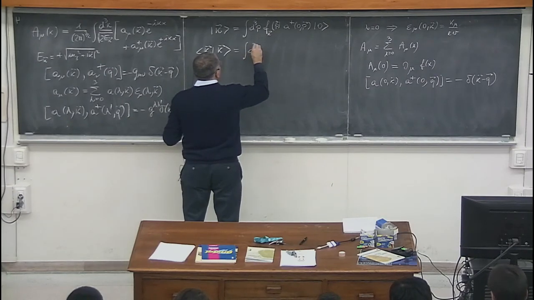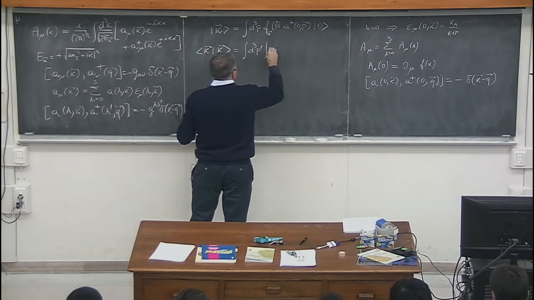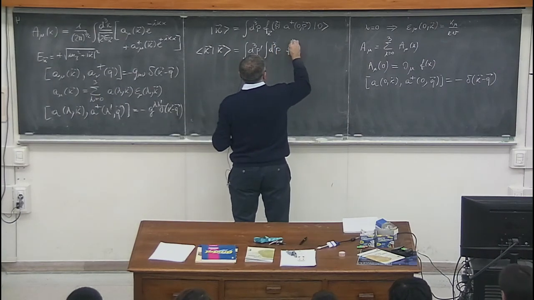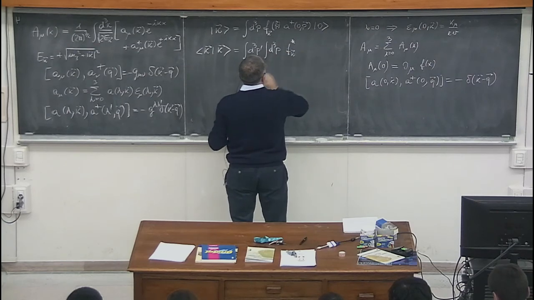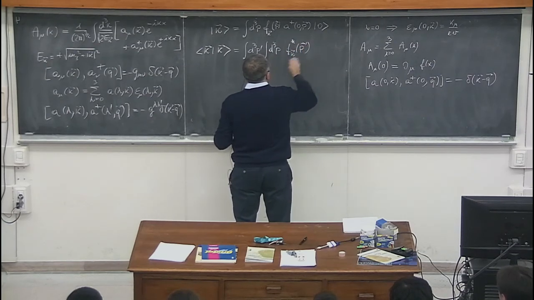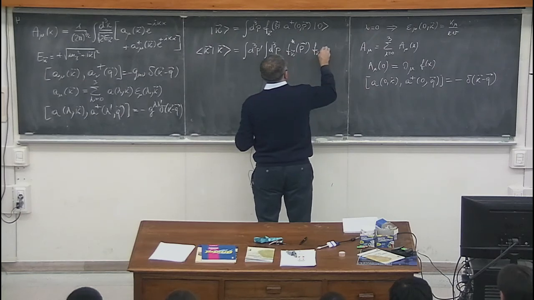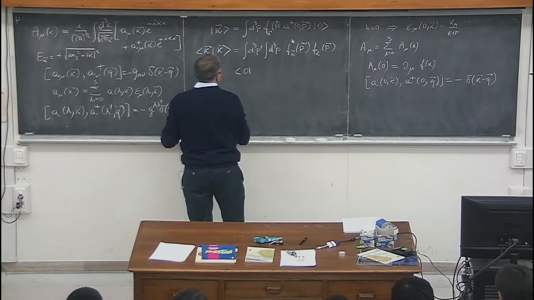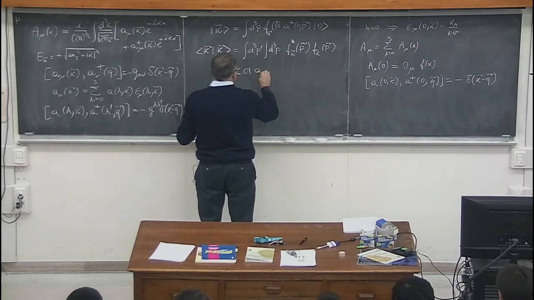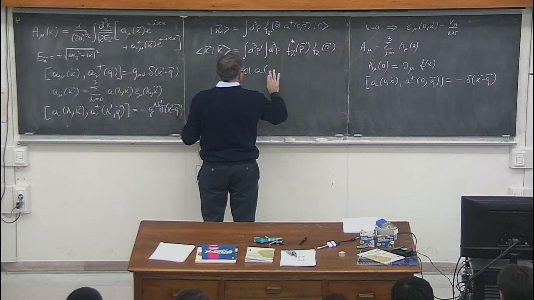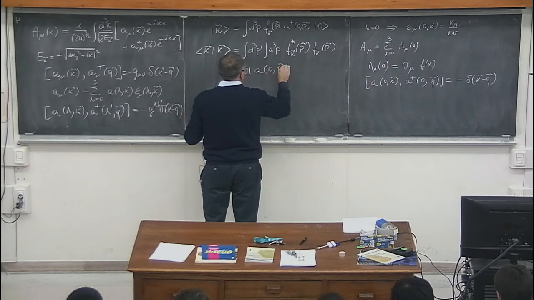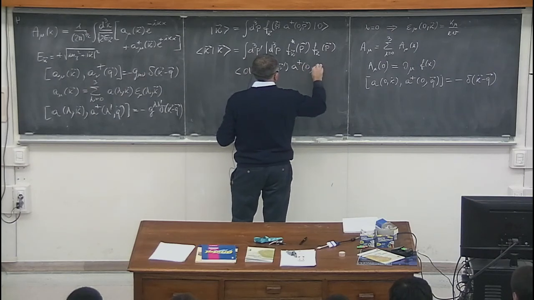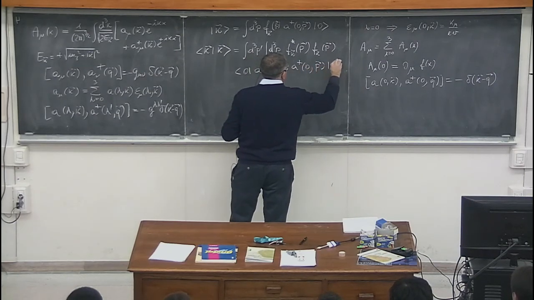It is an integral over d3p prime, integral over d3p, f complex conjugate peaked around k, function of p prime, f k of p, and then I have a scalar product, vacuum state, a 0 p prime, a dagger 0 p, vacuum state.